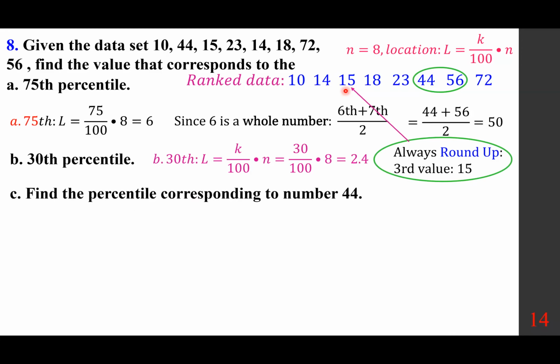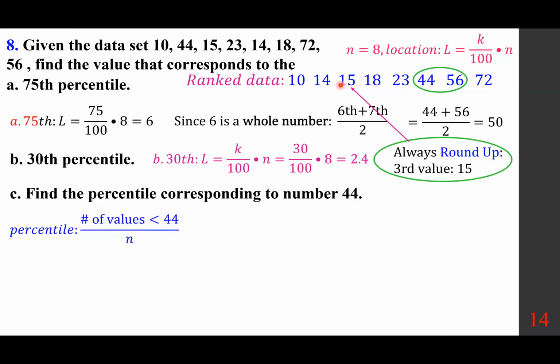We want to find the percentile corresponding to some number, in this case 44. The methodology is that the number of values less than whatever, in this case 44, divided by n, that gives you the percentile. Okay, so percentile is the number of values less than 44 divided by n.